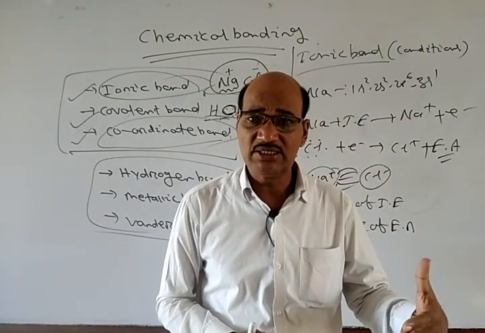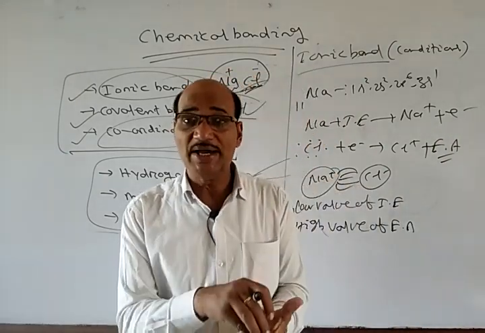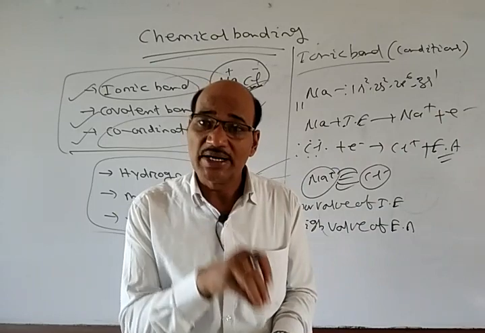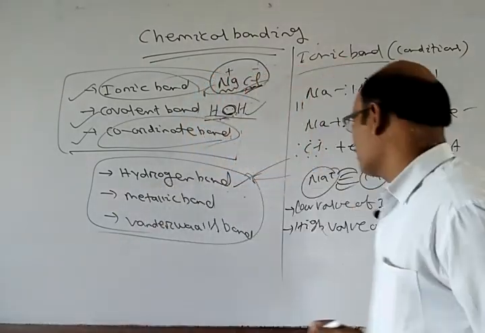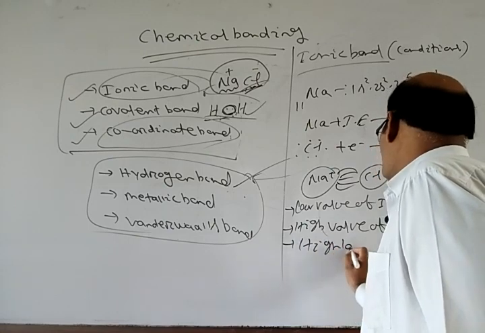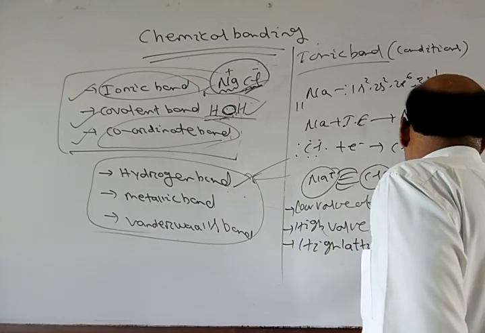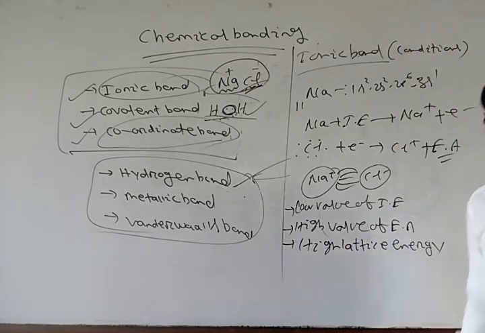A large amount of energy is being released, hence the molecule is stable. So the stability of the ionic compound depends upon the lattice energy. High lattice energy.